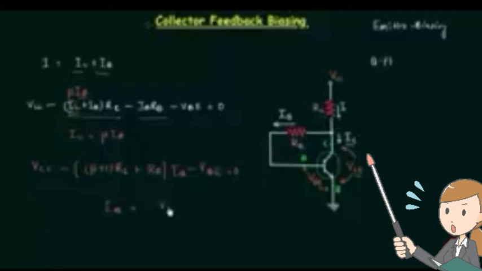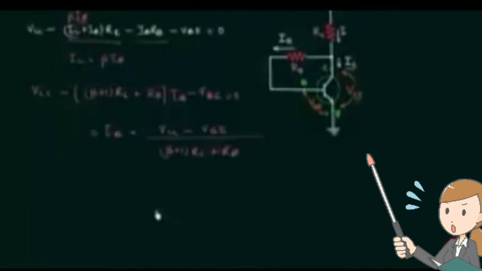So current IB is equal to VCC minus VBE, divided by (beta plus 1) RC plus RB. So this is the expression of base current IB, and now we will find the collector current.